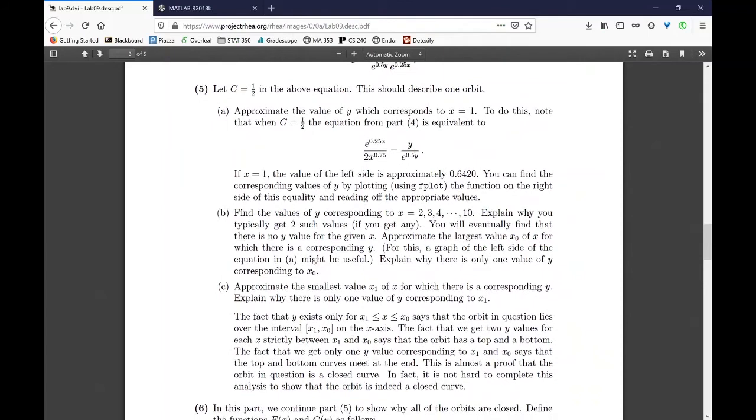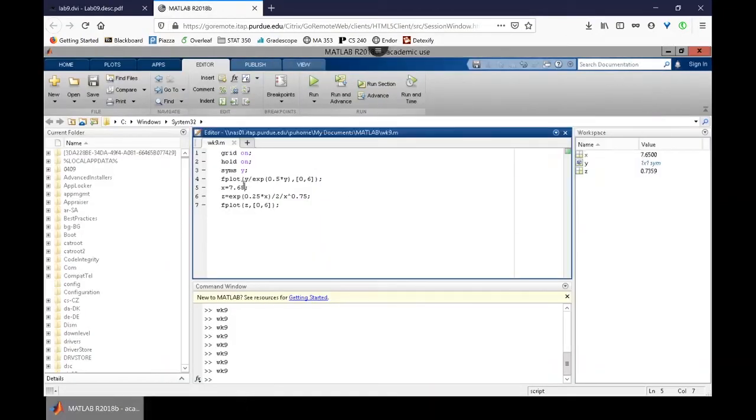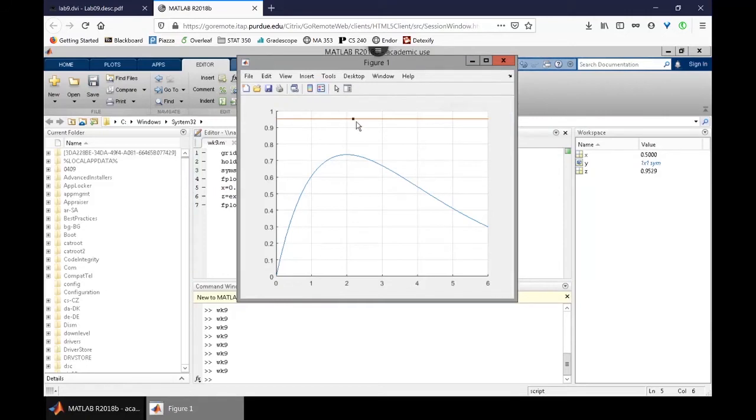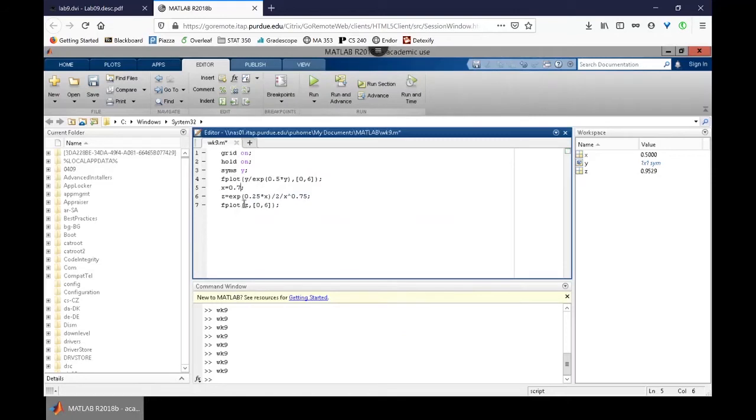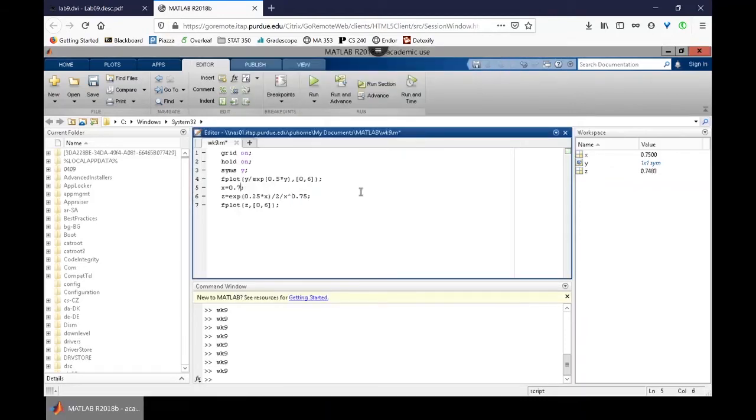Now question C is approximate the smallest value of x for which there is a corresponding y. So we already know that x equals 1 gives a solution, so why don't we try something like x equals 0.5. X equals 0.5. Obviously, there is no solution, so let's try increasing this a little bit to maybe x equals 0.75. Getting closer, maybe 0.77.